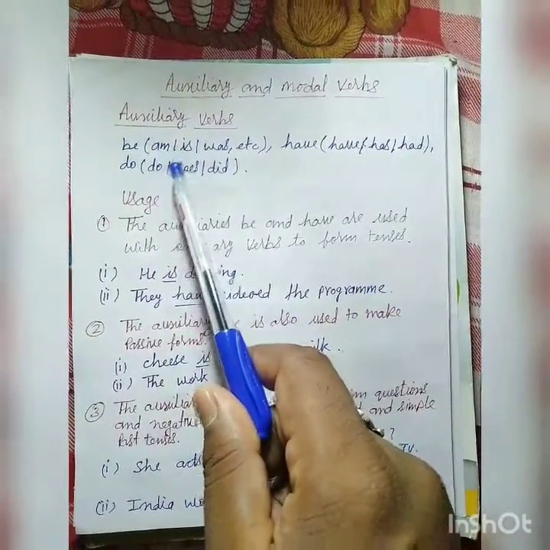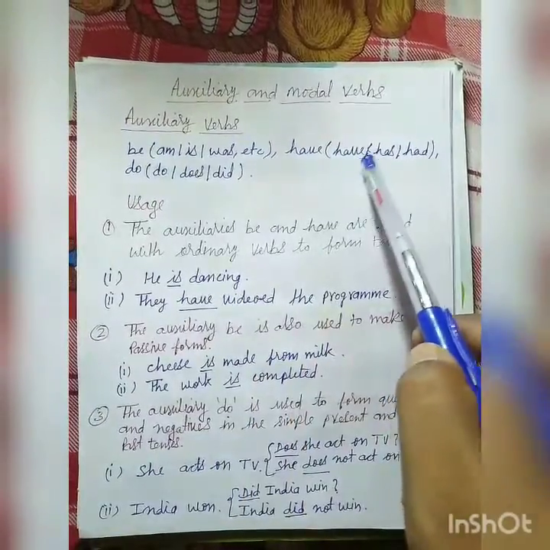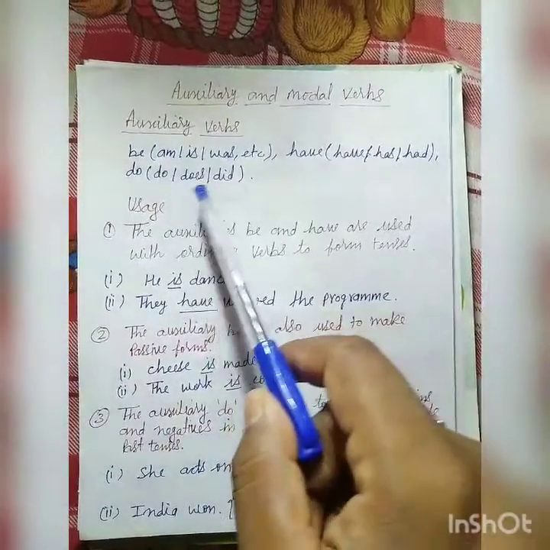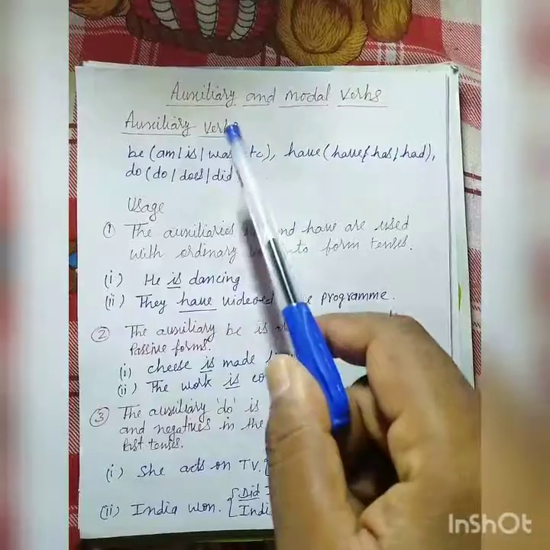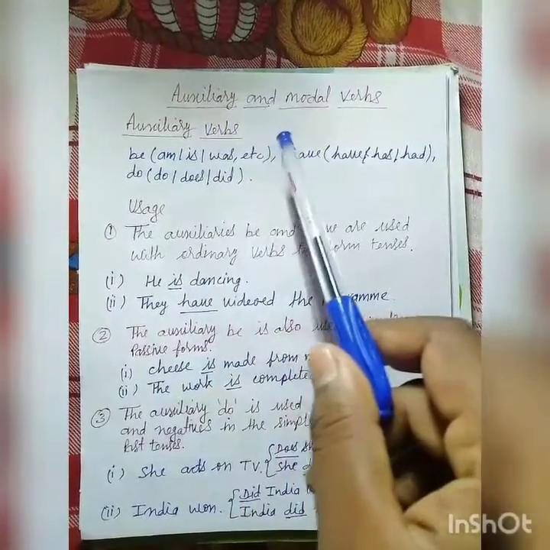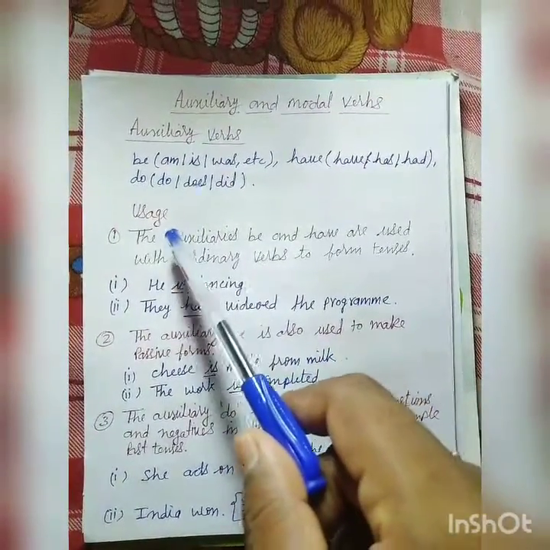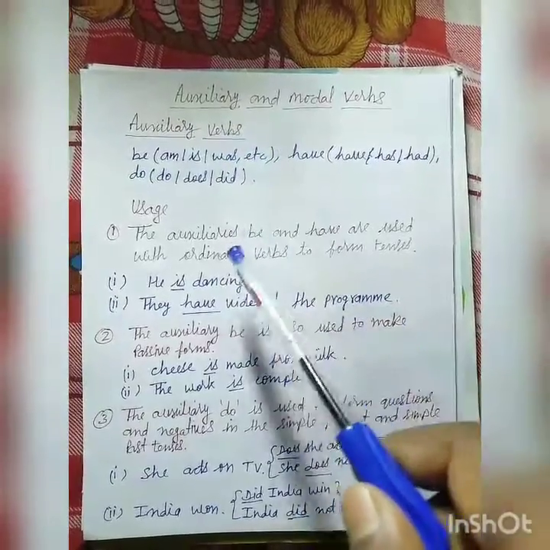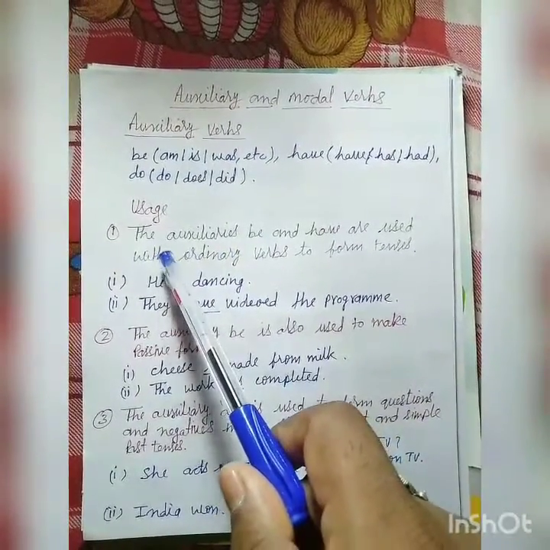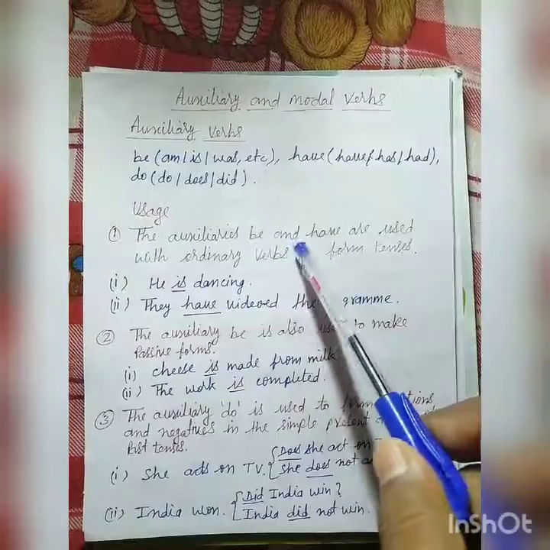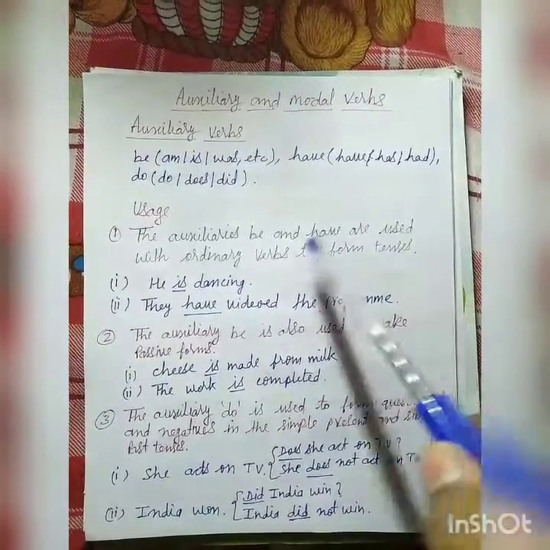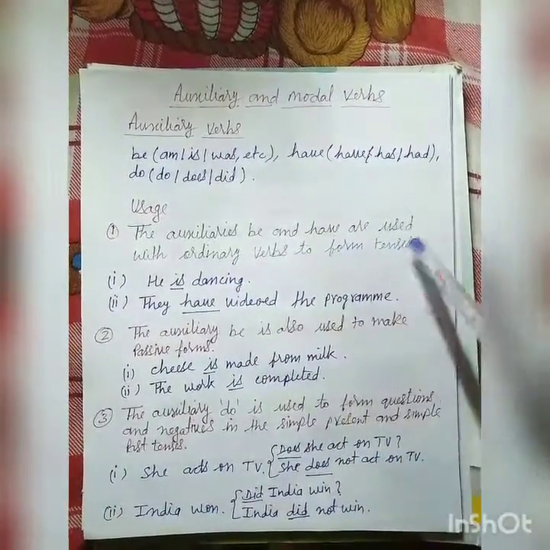The verbs am, is, was, have, has, had, do, does, did are categorized as auxiliary verbs. Now let us see the uses of auxiliary verbs. The first use is that the auxiliaries be and have are used with ordinary verbs to form tenses.